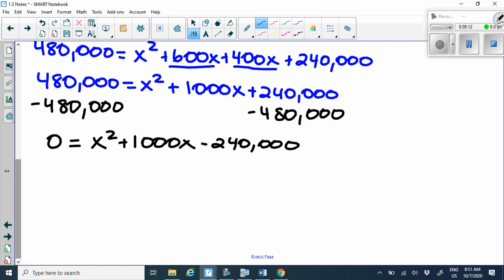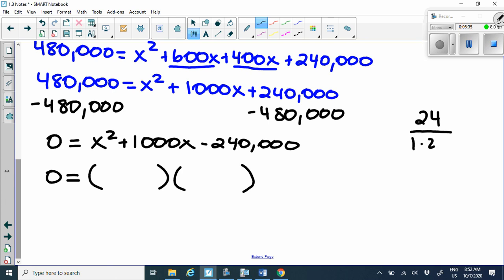Okay, so now we get to factor. Lovely, lovely. So we get 0 equals, and we have 2 sets here. Okay. So yes, 240,000, that is a big number. But let's think about it in this way. Let's get rid of those zeros, the 4 zeros, and just think about 24. What are the numbers that multiply to 24?